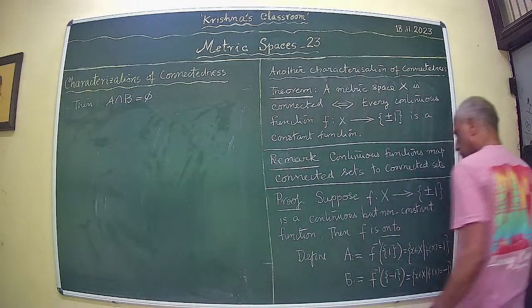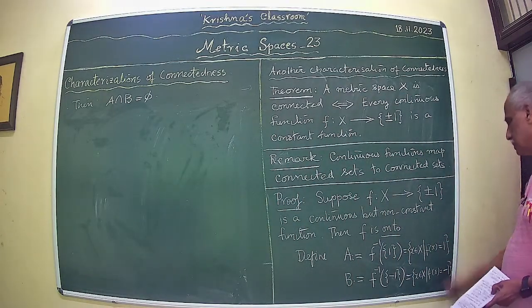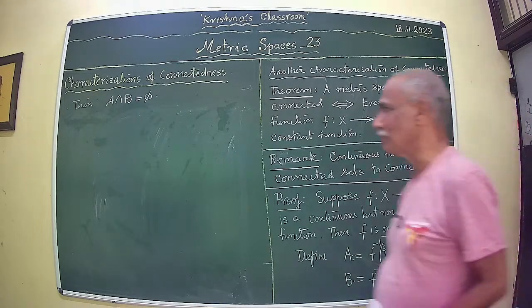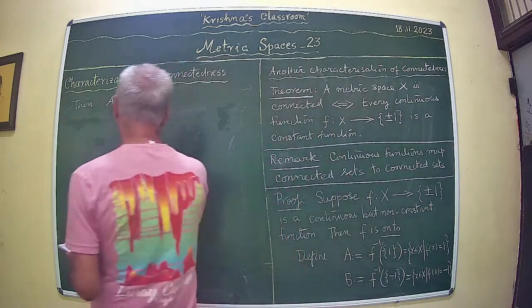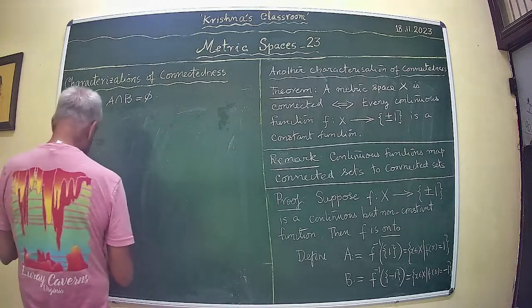Because if you have a common point for A and B, then it is mapped to both +1 and -1, which is not possible because f is a function. That's obvious. It's trivial.